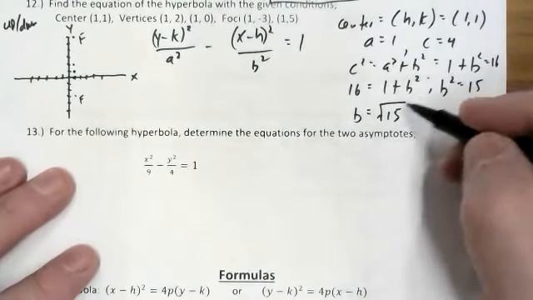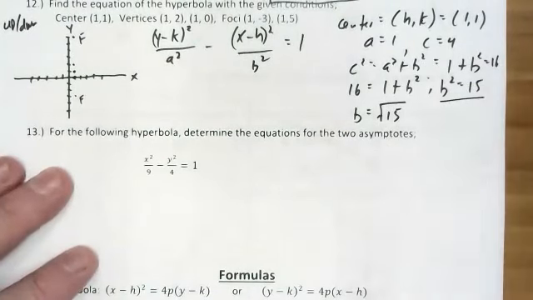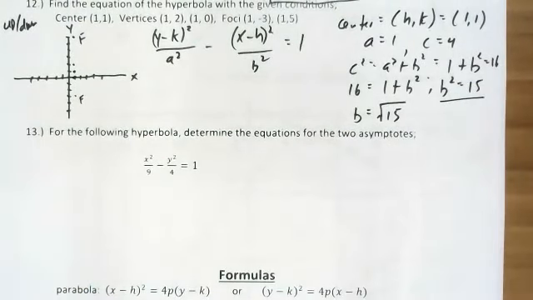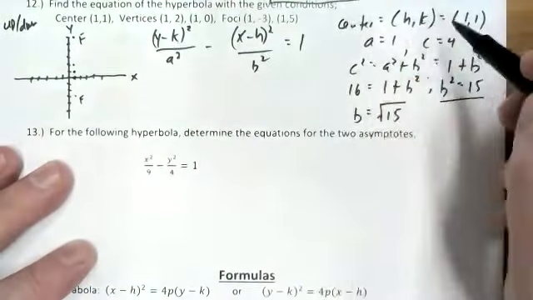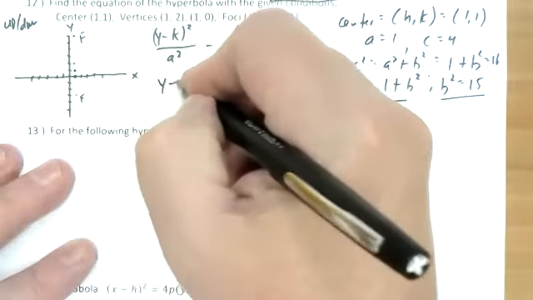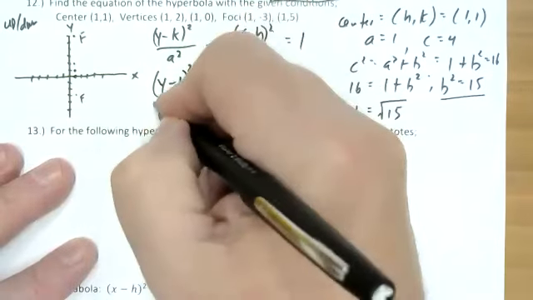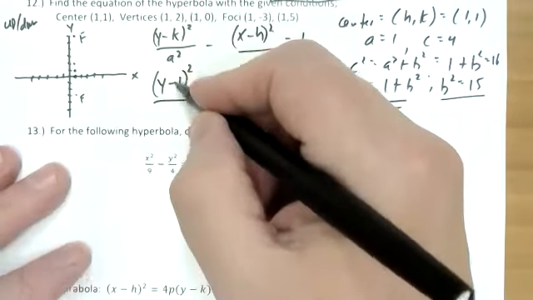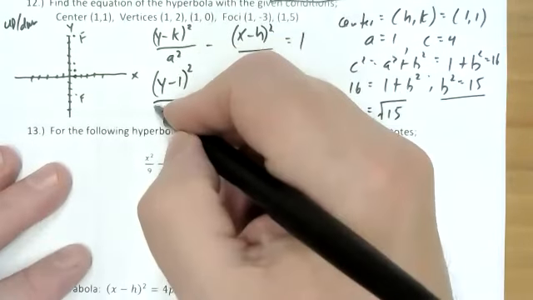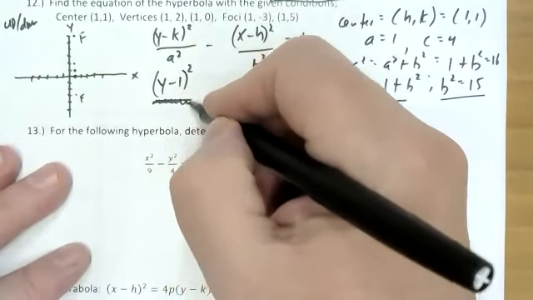Well, I don't really need that. What I need is b squared. So now I think I've got everything I need. So here, k is 1, y minus 1 squared over a squared. A is 1. A squared is just 1. As a matter of fact, this doesn't even need to be a fraction.